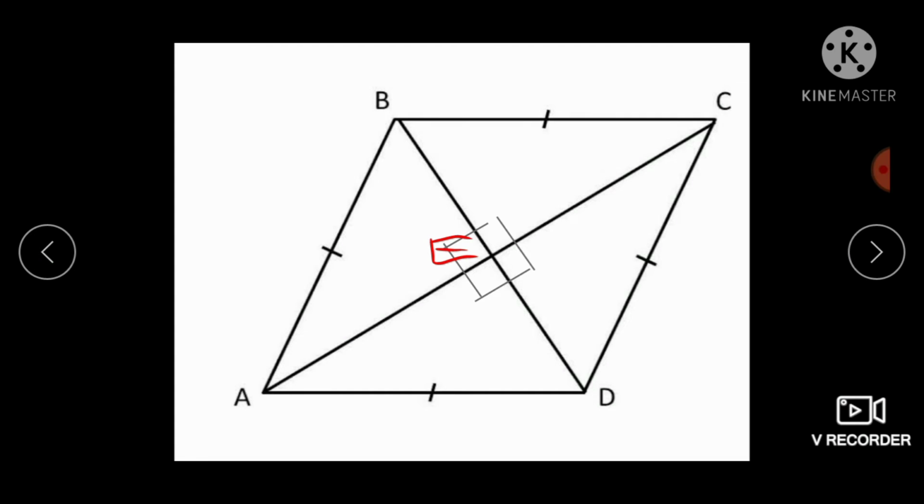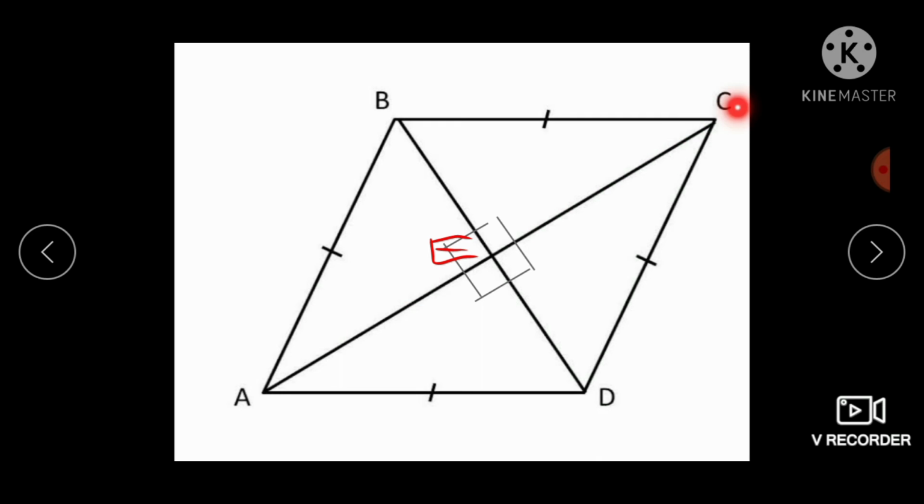The fifth principle says that these two diagonals are perpendicular to each other, which means they form four right angles at the intersection. Let's check that. If we look at triangle ABE and triangle CBE, we can see that these are congruent triangles because side AB is congruent to side CB, and they both share side BE. And side AE is congruent to side EC because AC is a diagonal, and in any parallelogram, the diagonals bisect each other.